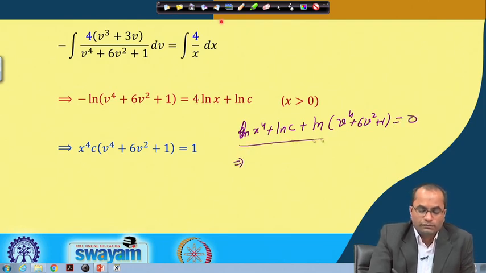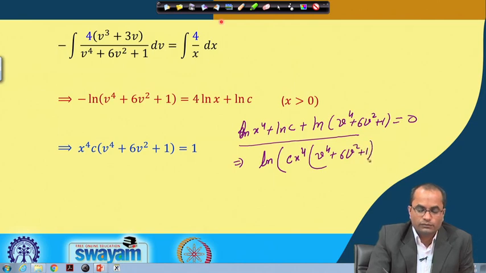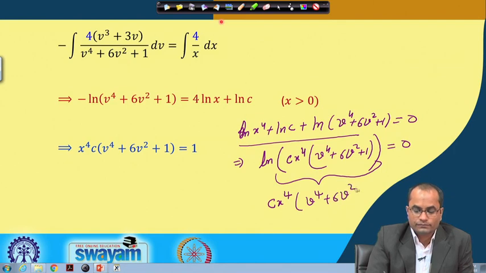If we combine everything now, this will be ln of c x^4 times (v^4 plus 6v^2 plus 1), and the right hand side 0. Then taking the exponential on both sides, we will get v^4 plus 6v^2 plus 1 equal to exponential 0, that is 1.